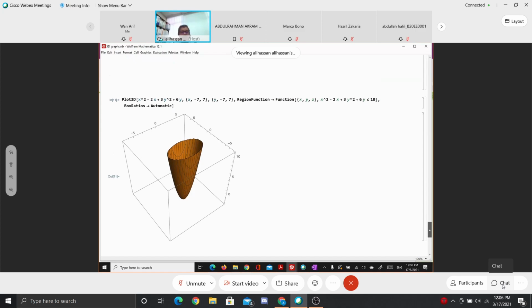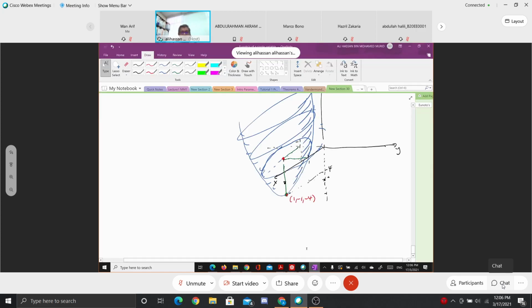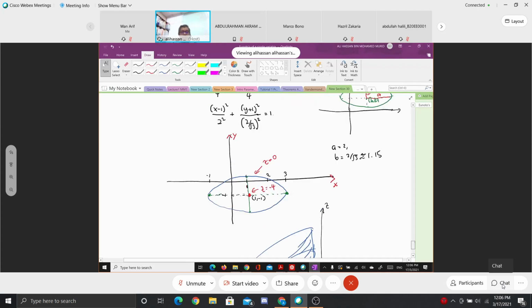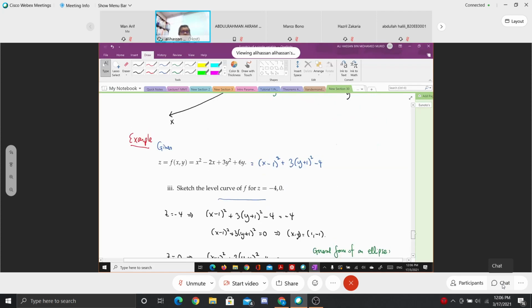Okay, here is the computer plot for the function that we have just discussed. Remember, just now I discussed this example, right? This example for the function x squared minus 2x plus 3y squared plus 6y.